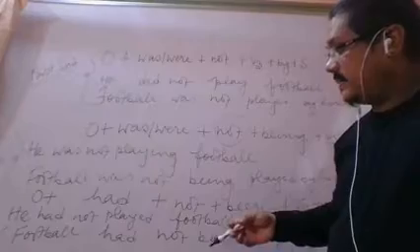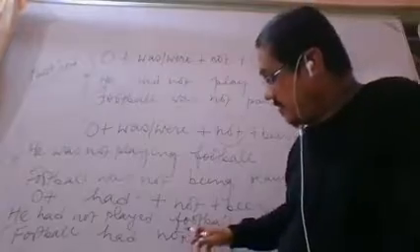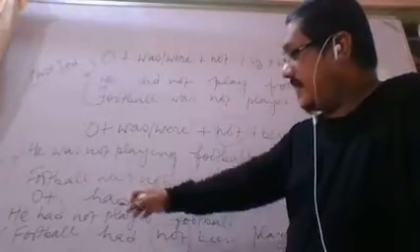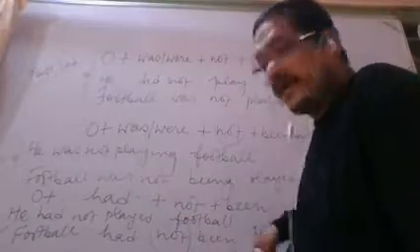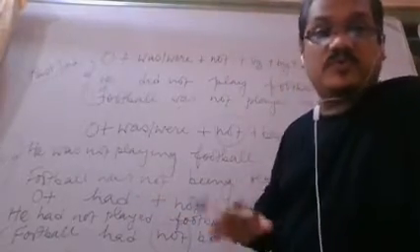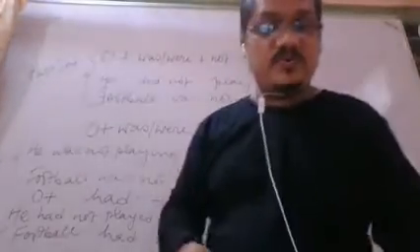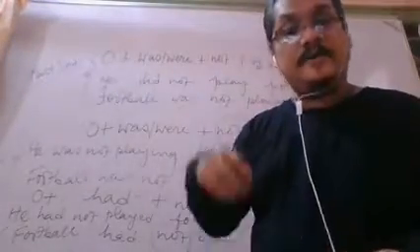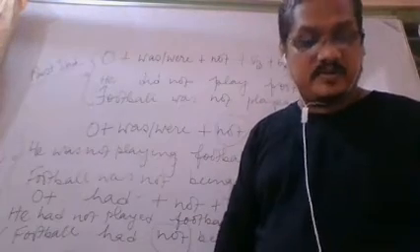Similarly, in perfect tense, what happens? Only had is there. So we will put not after had. He had not played football. Football had not been played by him. So here we find that this is the way how to change negative sentences to passive voice, right?